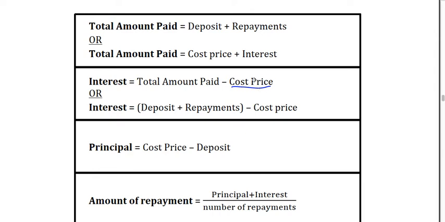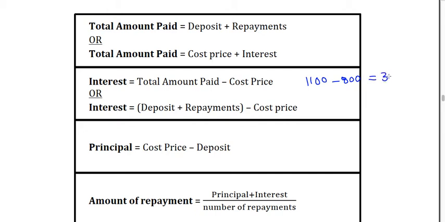We look at the difference between that and the total amount that you pay under the hire purchase agreement. So that's what I just calculated in the box above. So as an example, just say we take our one from before, which was $1,100, that you'd pay in that hire purchase agreement, but the cost price was only $800.